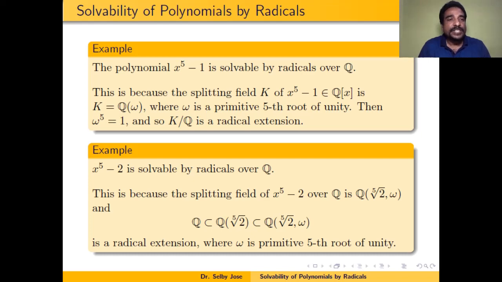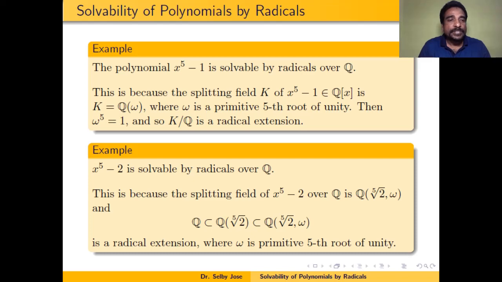And because omega^5 is equal to 1 which belongs to Q, therefore Q(omega) over Q is a radical extension and all the roots of x^5 - 1 are in the top of the radical extension. Therefore by definition x^5 - 1 is solvable by radicals over Q.